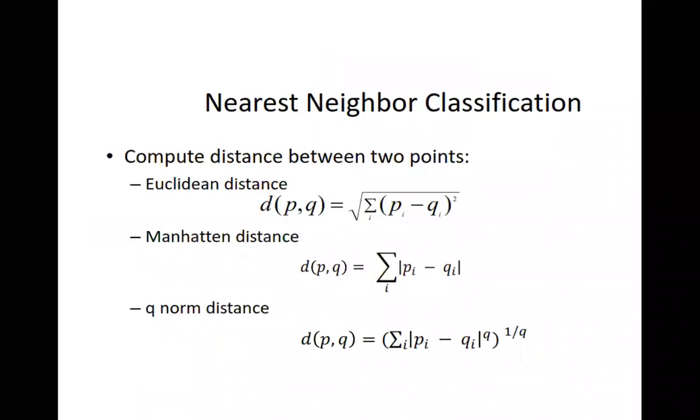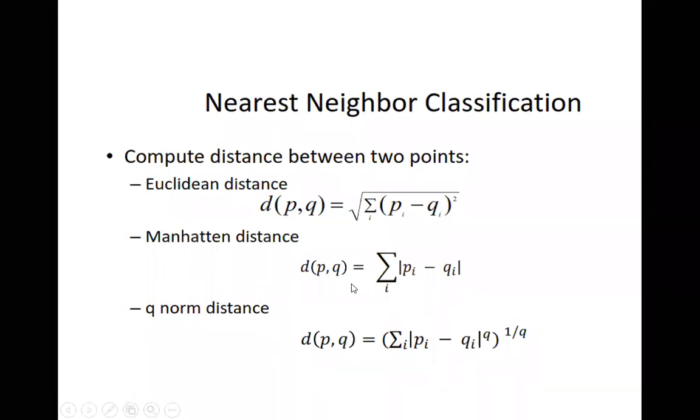Okay, next thing is we were talking about calculation of the distance. To calculate the distance between our points and the various examples, we have three kinds of metrics which you can use. First one is Euclidean distance. In most KNN algorithms, we will use Euclidean distance itself, or Manhattan distance or Q norm distance.